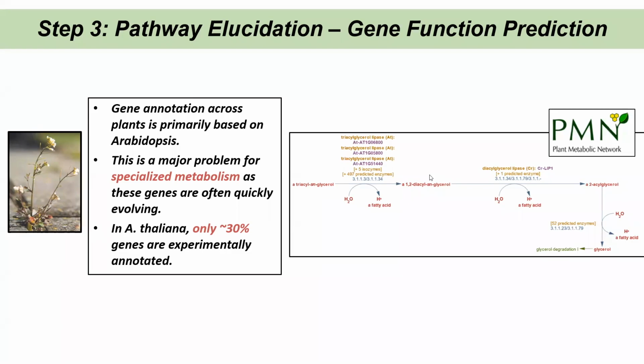However, for example, for this pathway, there are 500 genes predicted to catalyze this enzymatic step. Likely most of these are incorrectly predicted.